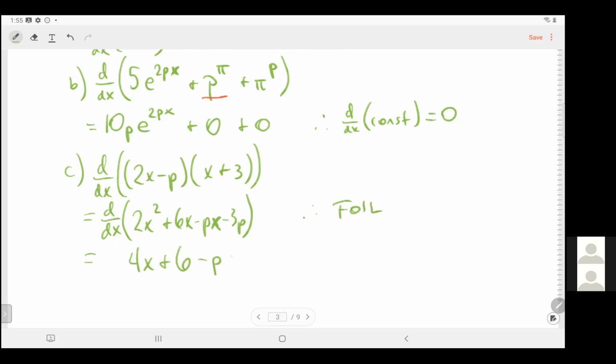And then 0, awesome. So remember this term is a constant. Okay, derivative of a constant is 0. Cool, yeah, so that is good. So I could have just written 4x plus 6 minus p. Yeah, don't keep the zeros on here in your final answers. Actually, yeah, I'll keep that crossed out. Cool.